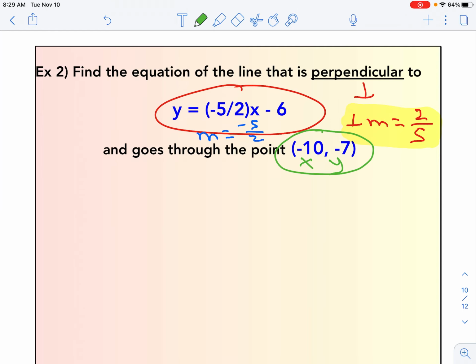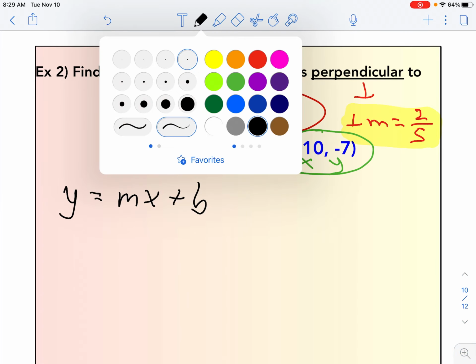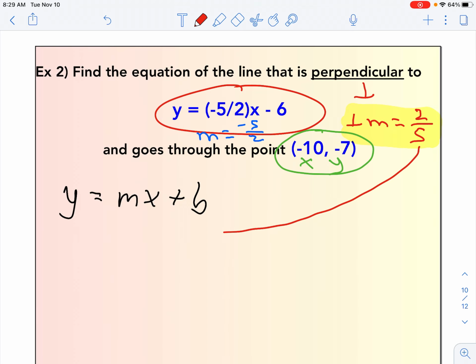So we have to use our x and our y. So remember, if you need a little bit more explanation, we start with y equals mx plus b. Now we take our perpendicular slope, and it goes in here. So that's going to be 2/5.